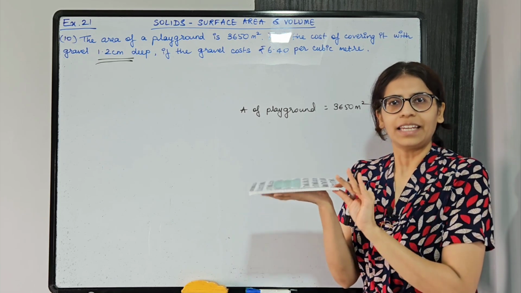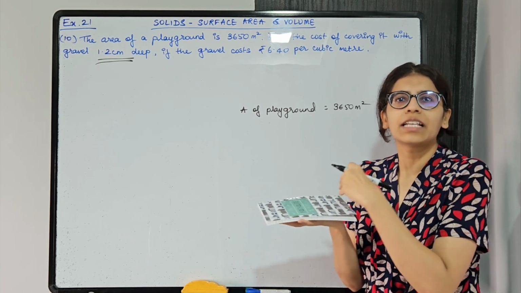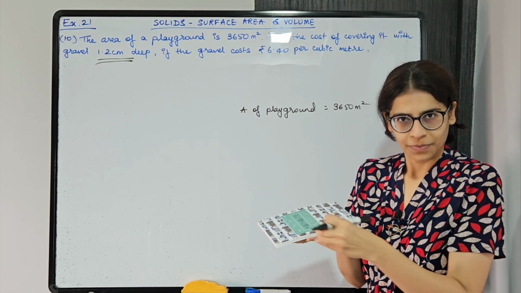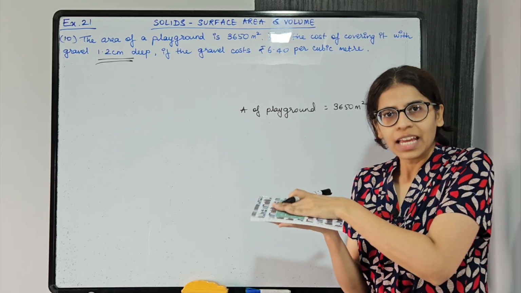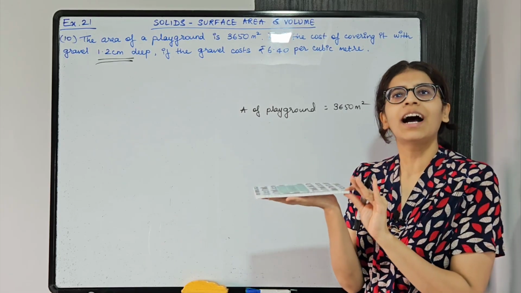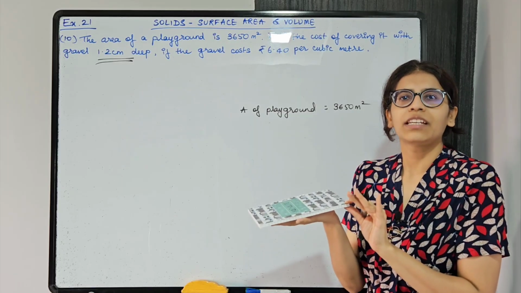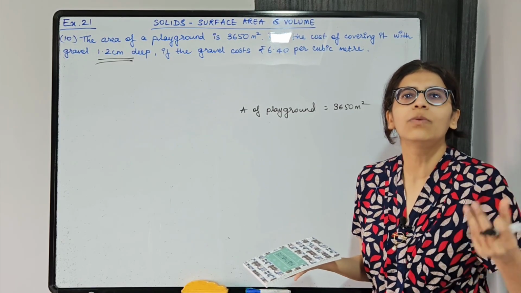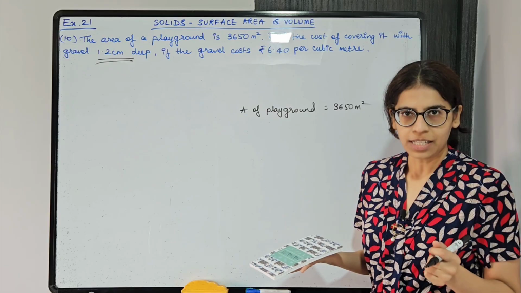That is, it is covering some volume, right? So area into the height will give me the volume of the gravel required.